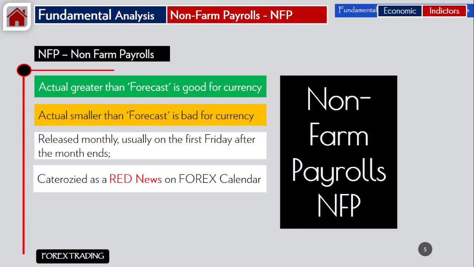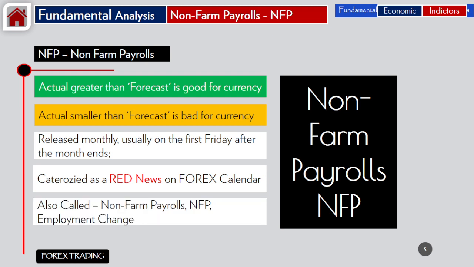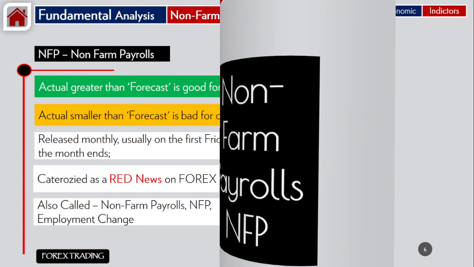That means this data has a huge impact on the forex market, and forex traders should definitely look for it and know how to use this data. It is also called non-farm payrolls, or simply NFP, or employment change.